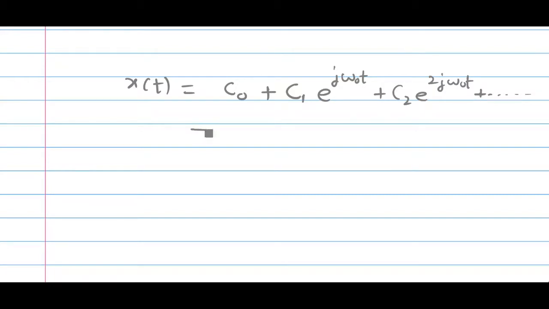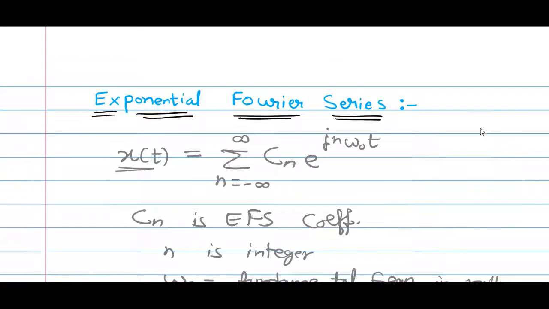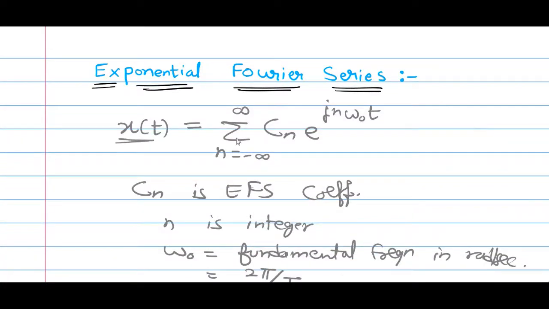If I substitute negative values, it becomes c minus 1 e raised to power minus j omega 0 t plus c minus 2 e raised to power minus 2j omega 0 t plus and so on. This expression I got by putting n equal to 0, 1, 2, minus 1, minus 2.